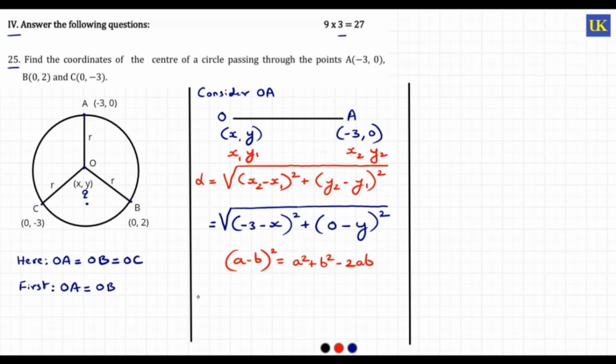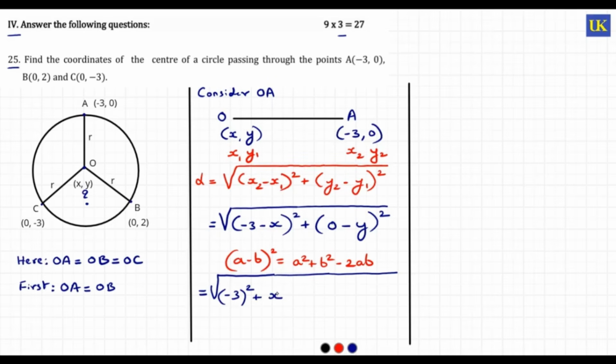So now it is equal to, I will write it in the root. Minus 3 minus x the whole square, I will be applying this formula to this bracket first. This is minus 3, so a square means this first term, minus 3 is the square.